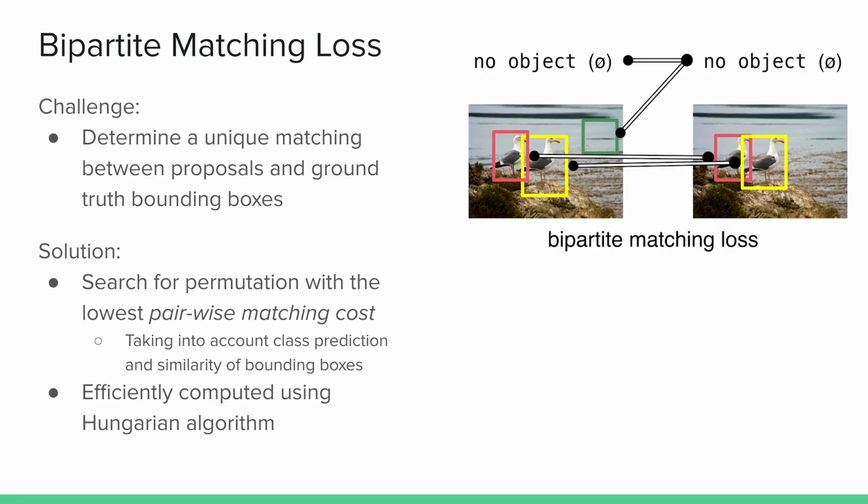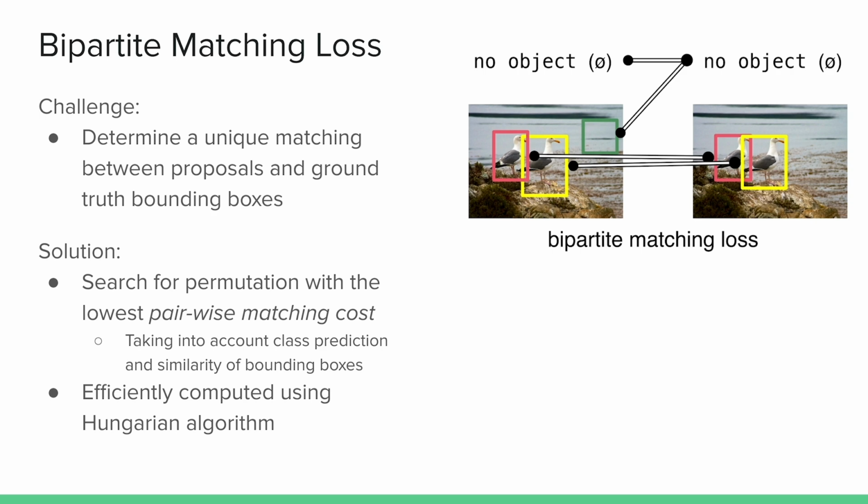So they take into account both the class prediction as well as the similarity of the bounding box. And they can actually compute this efficiently by using the Hungarian algorithm, which is a combinatorial optimization algorithm that solves the assignment problem in polynomial time.